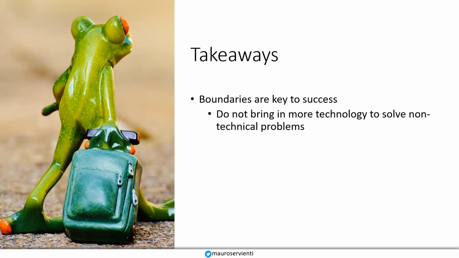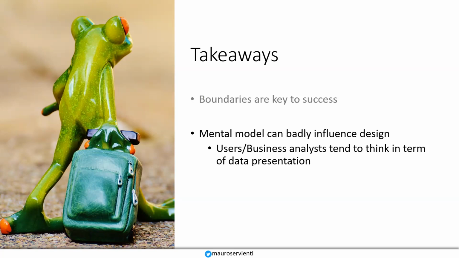The shopping cart was a very similar problem. The other thing that I learned over the years is that the user mental model can badly influence the design. So users, they talk about the way they see data presented on screens. So it's very easy for them to talk about a product.